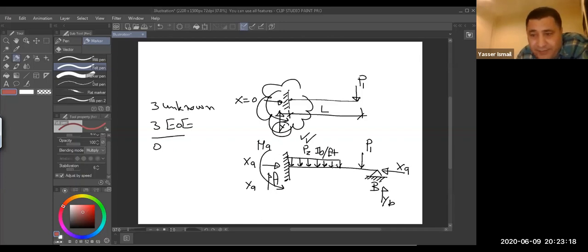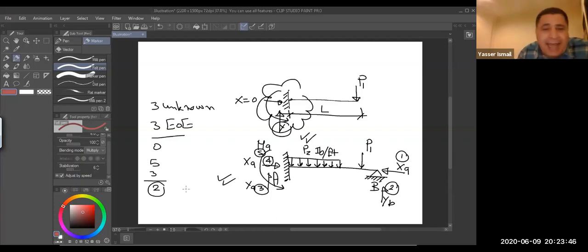I have 1, 2, 3, 4, and 5. You have 5 unknowns now. Equations of equilibrium, 3. 3 minus 5, 2. That means this structure system or element is statically indeterminate second degree.